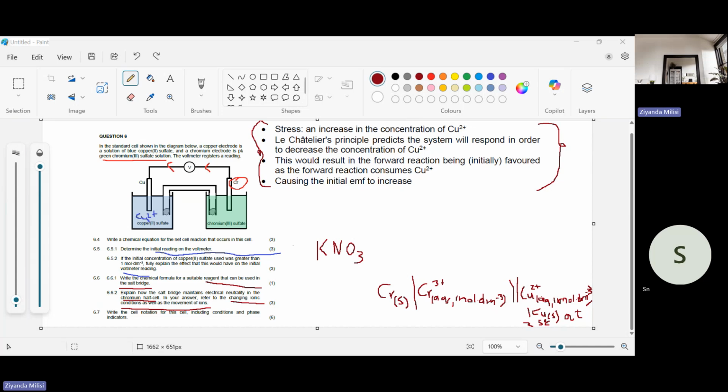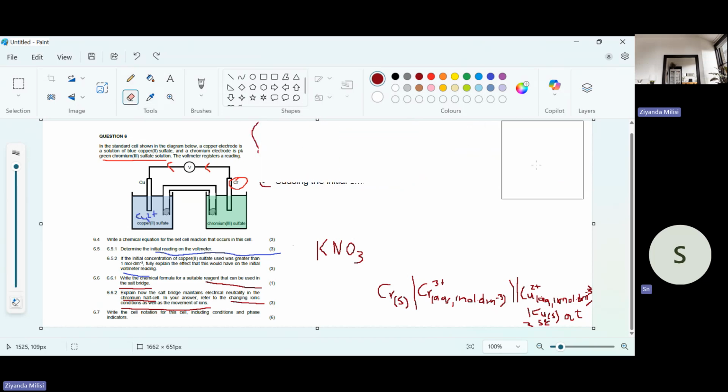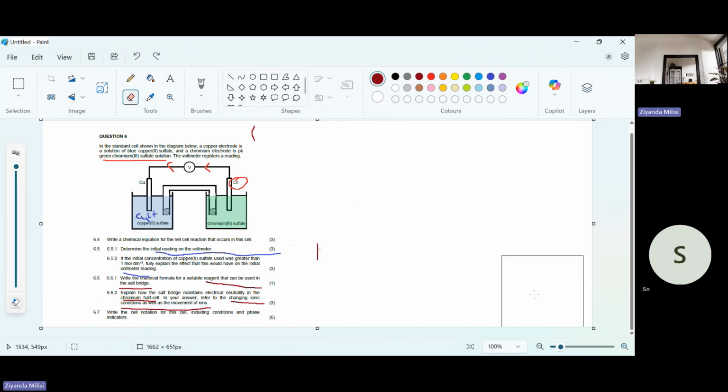Okay. Let's read the question. It's interested only in Cr. You were not going to get the mark from how you explained. So refer to changing ionic conditions as well as movement of ions.